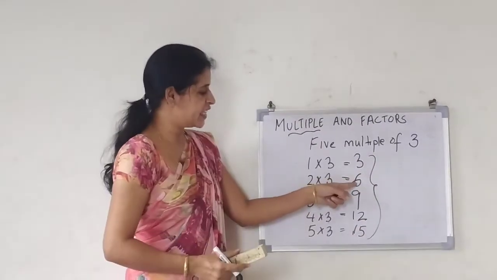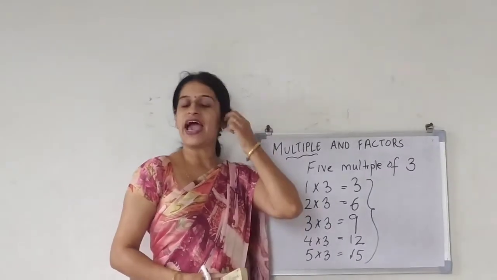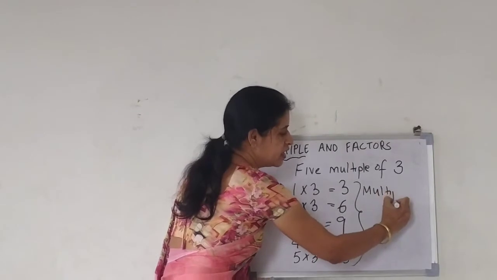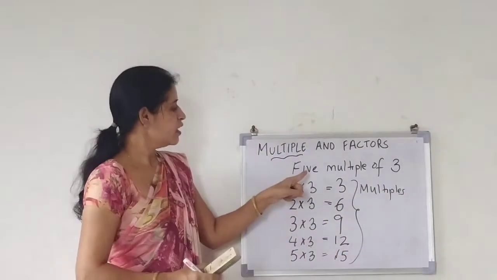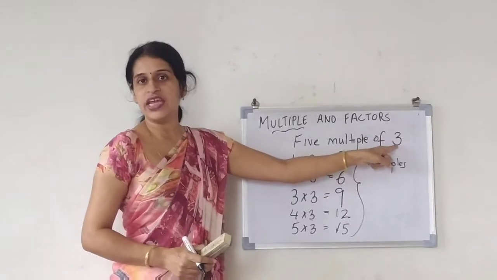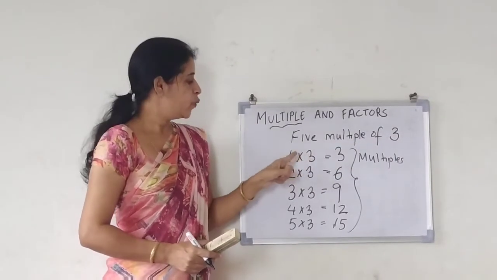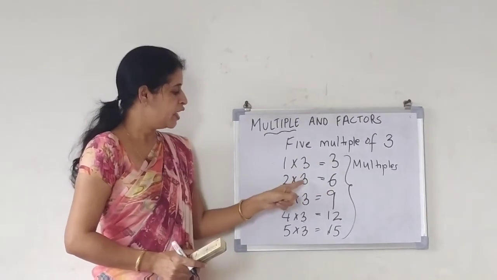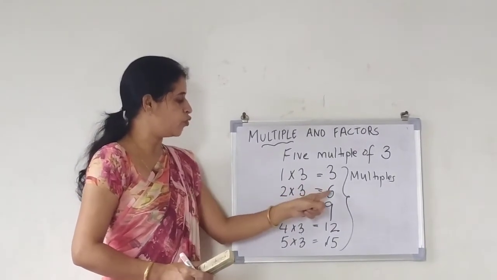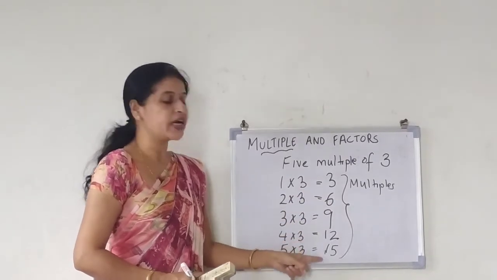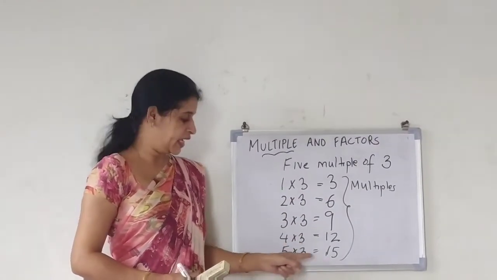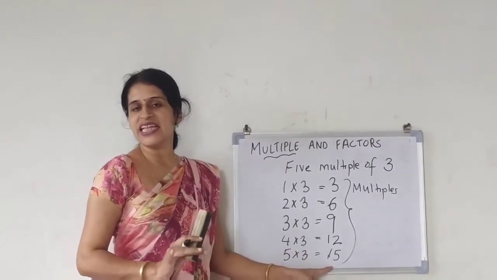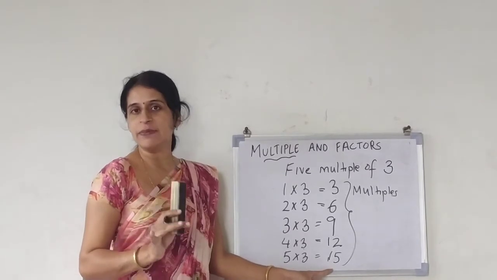So 3, 6, 9, 12 and 15, these are the 5 multiples of 3. So we multiply this 3 with 1 to find the first multiple, with 2 to find the second multiple, and we continue this way till we get the 5 multiples of 3. Multiple is nothing, just the table.